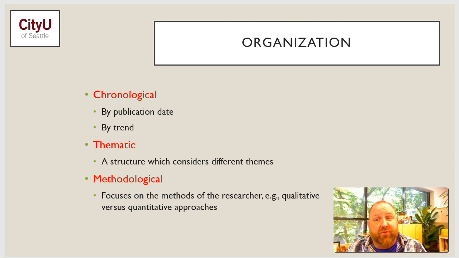Thematic, which is probably the most common, and the literature review is structured around three or more themes, and these are basically bodies of literature that relate to your topic and frame your topic. And I'll show you the Venn diagram in a minute.